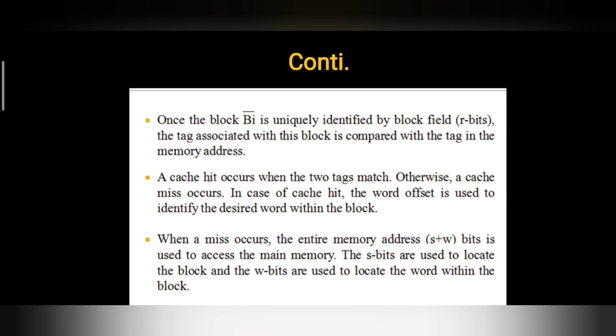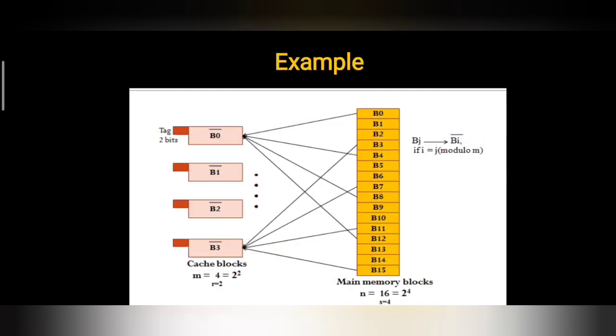So in case of a cache hit, the word offset, that is the W bits, is going to be used to identify the desired word within the cache memory block. But just in case there is a miss, then the entire memory address, that is S plus W bits, will be used to access the main memory block. So the S bits are used to locate the block and W bits will be used to locate the word within the block. Fine. So now let's see how this mapping can take place.